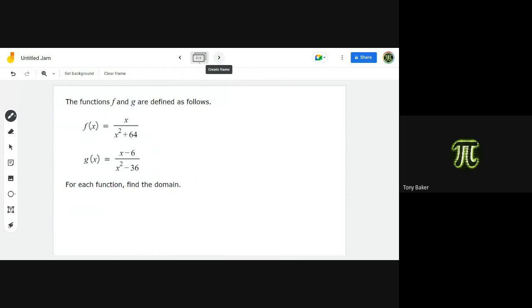So the first thing we're going to look at is we want to find the domain for these functions. Now, for those that like to use graphing calculators, I'll show you something.